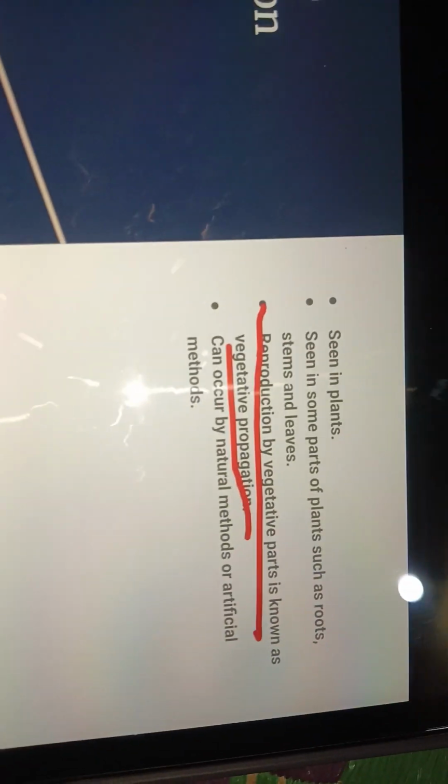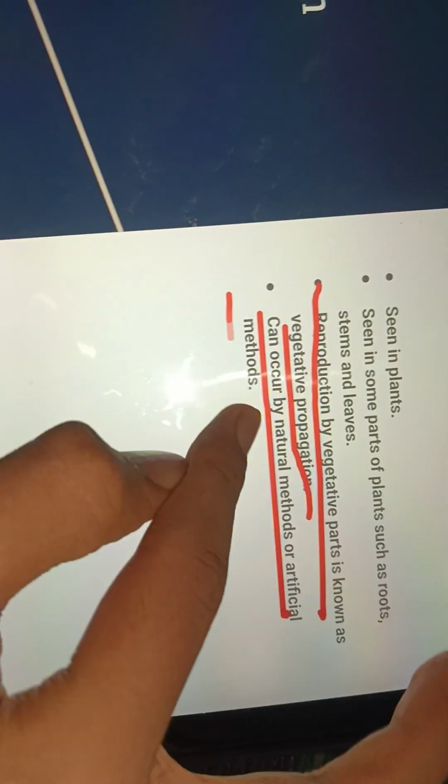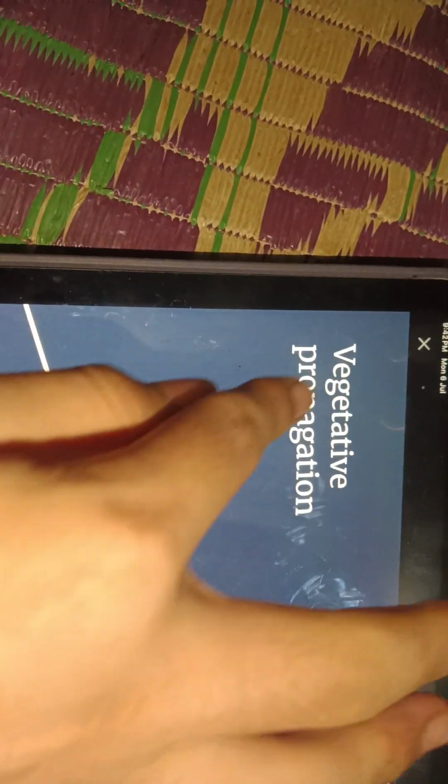The reproduction by vegetative parts is known as vegetative propagation. For example, potato, and ginger, which is a stem. So it reproduces by stem, one of the vegetative parts of plants, right? It can occur by natural methods or artificial methods.